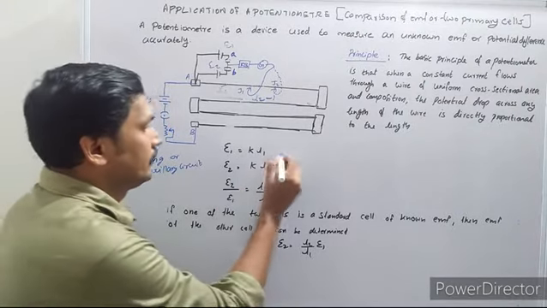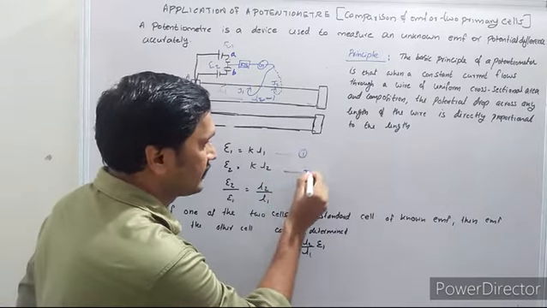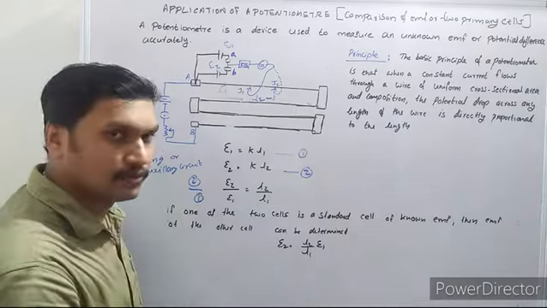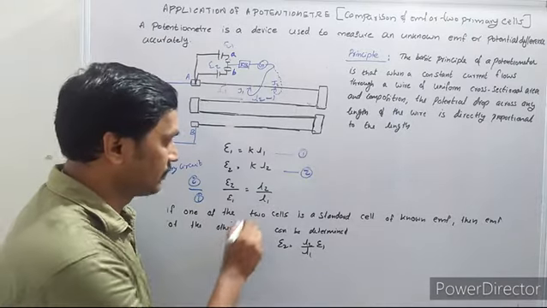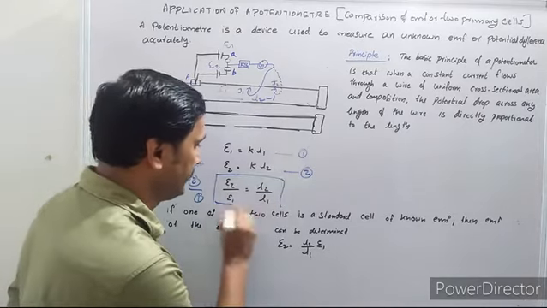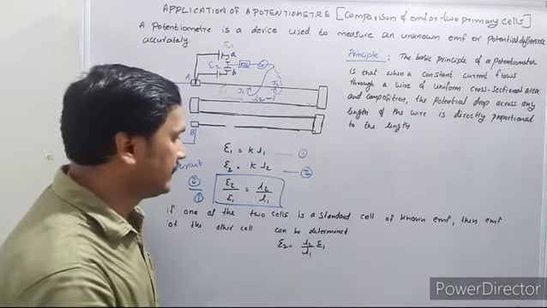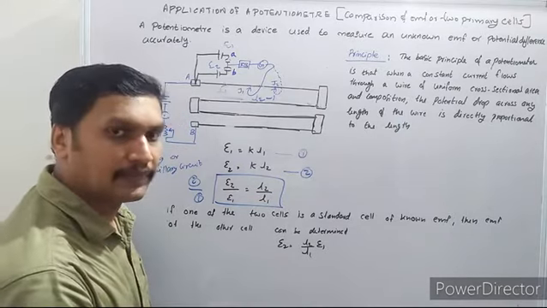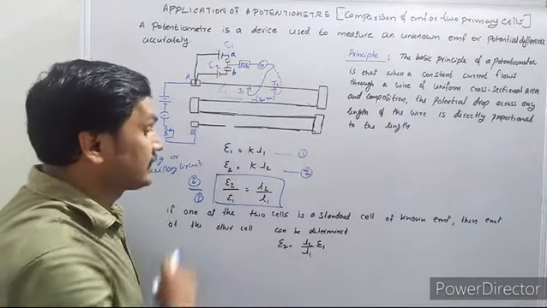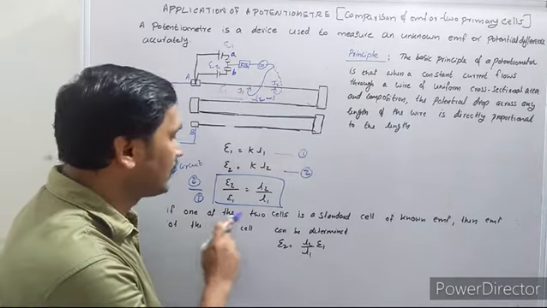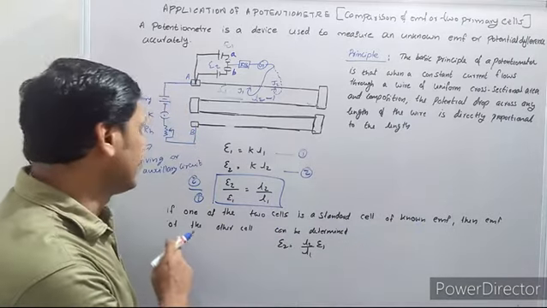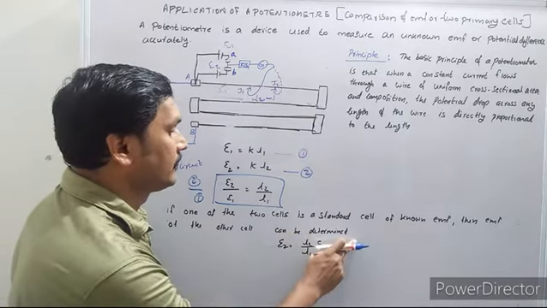Now, this is equation 1 and this is equation 2, and we find equation 2 by equation 1: E2 by E1 is equal to L2 by L1. Now we compare and find the ratio between E1 and E2. If one of the two cells is a standard cell of known EMF, then the EMF of the other cell can be determined like this.